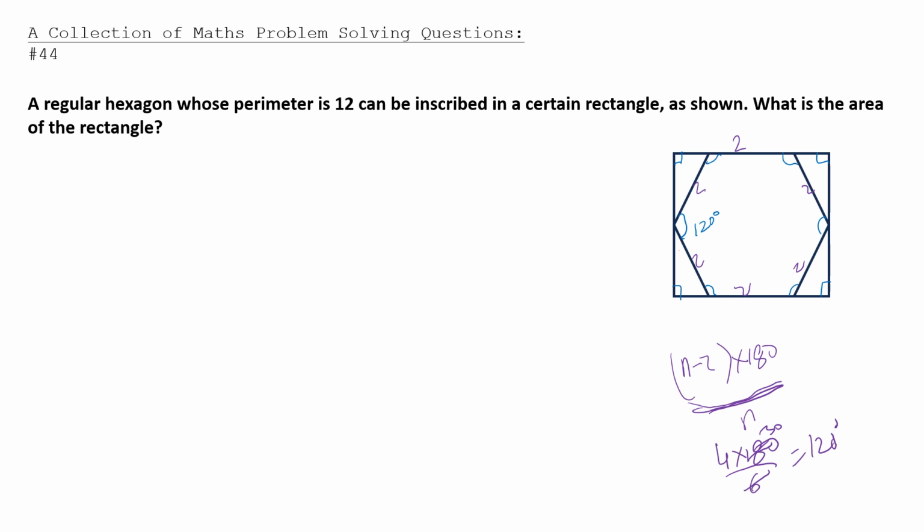And the other thing to note is that this tiny angle, the angle marked x, they are equal, and so are these sides. These two are equal to these two.